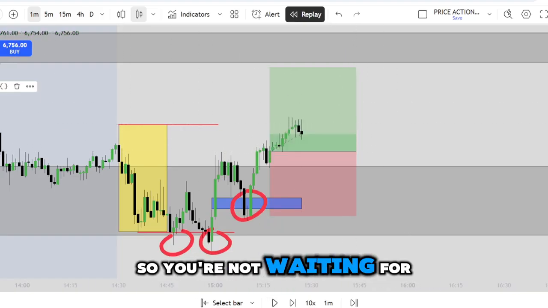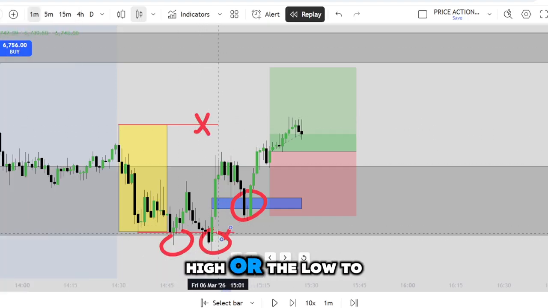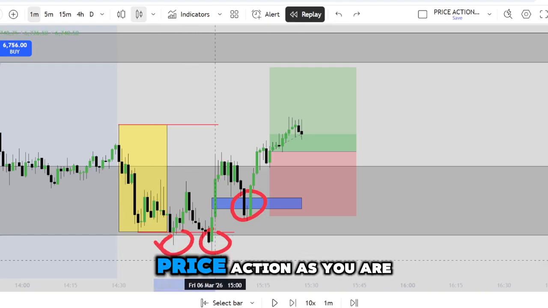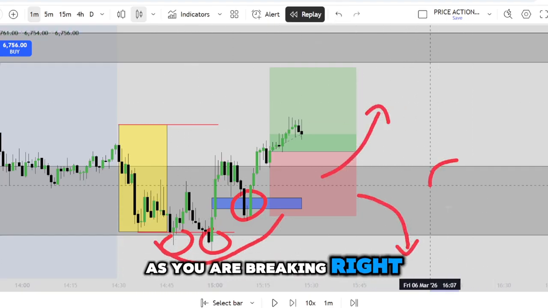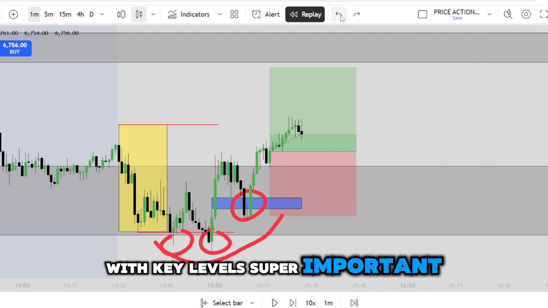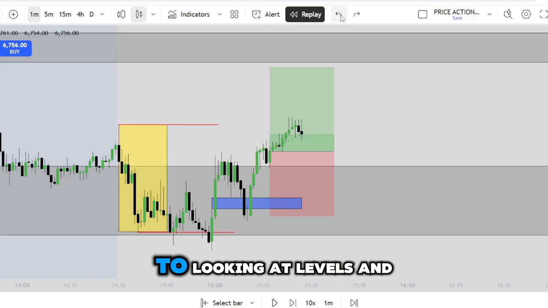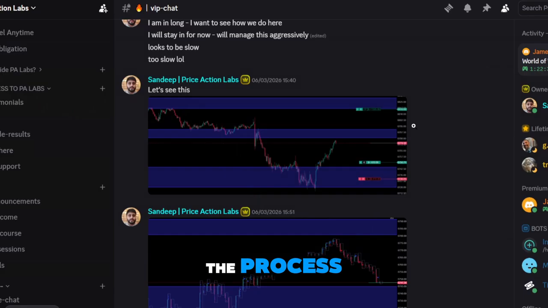A common mistake I see is that you're not waiting for the high or the low to be broken. No, you're using that as a confluence. You want to see the price action as you are breaking, with key levels, super important. So shift your mindset from looking at candles and breaks to looking at levels and absorption. Your trading will become much easier and more fun in the process.